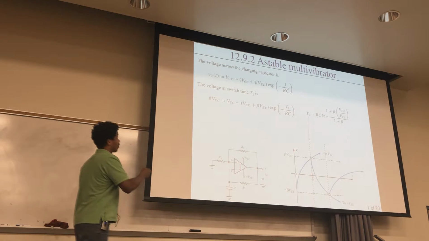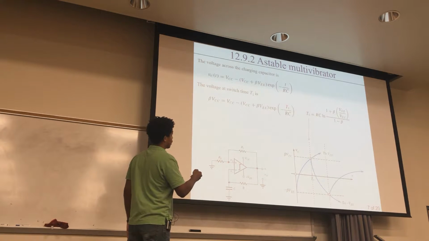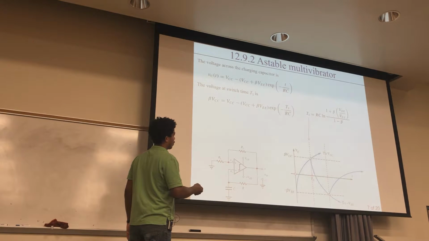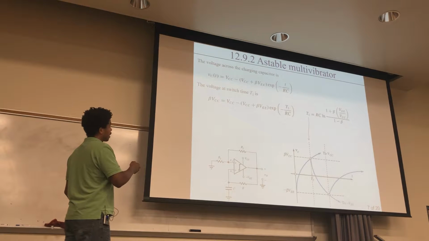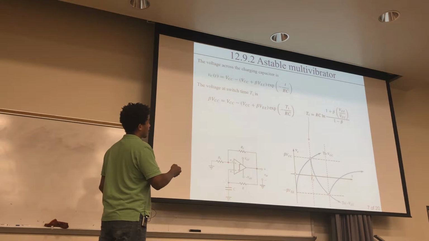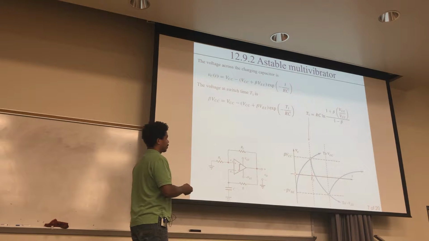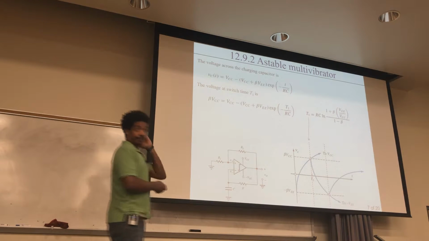So that's going to be your final value. And it's not just any t, it happens at t1, your period for it to get from here to here, that time. So plug that in as the final value, right? And solve for t1, and then you get this expression. So this right here is the time it takes to get from t equals 0 to right here.